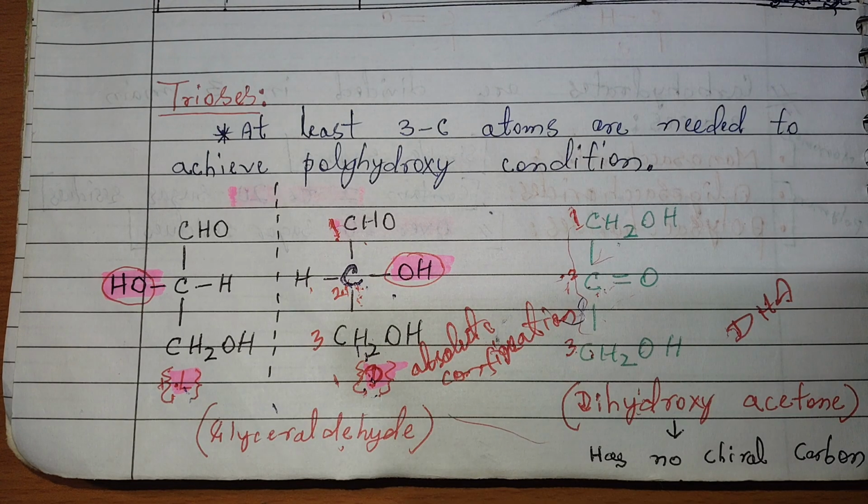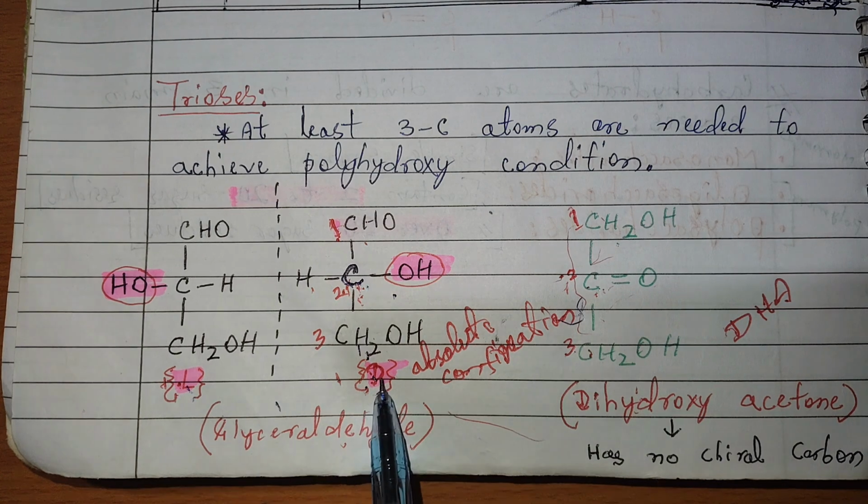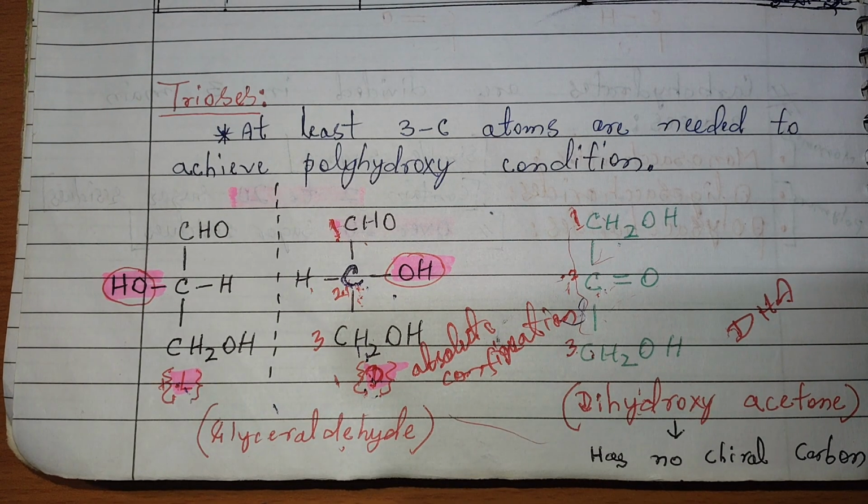These are enantiomers, but here is one confusion. These capital D and capital L do not tell us about the rotation of polarized light. Here D does not simply imply that this molecule is going to rotate the plane polarized light in a clockwise or anti-clockwise direction.